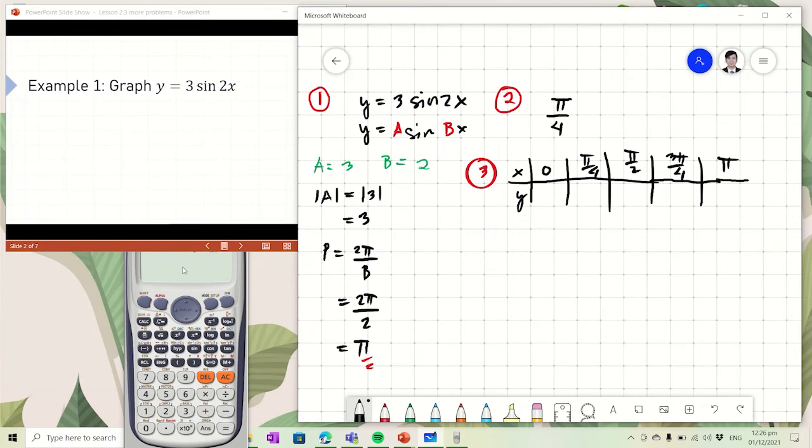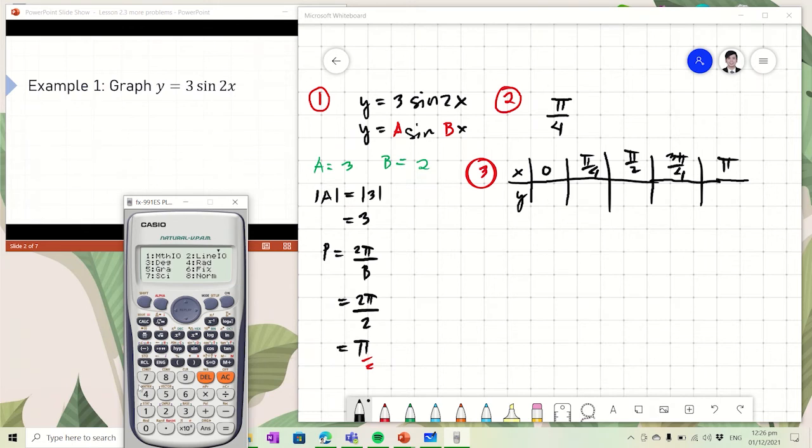So gamit lang kayo ng calculator, just substitute what is x to our function. Make sure that it's in radian. So shift mode, then number 4 radian.